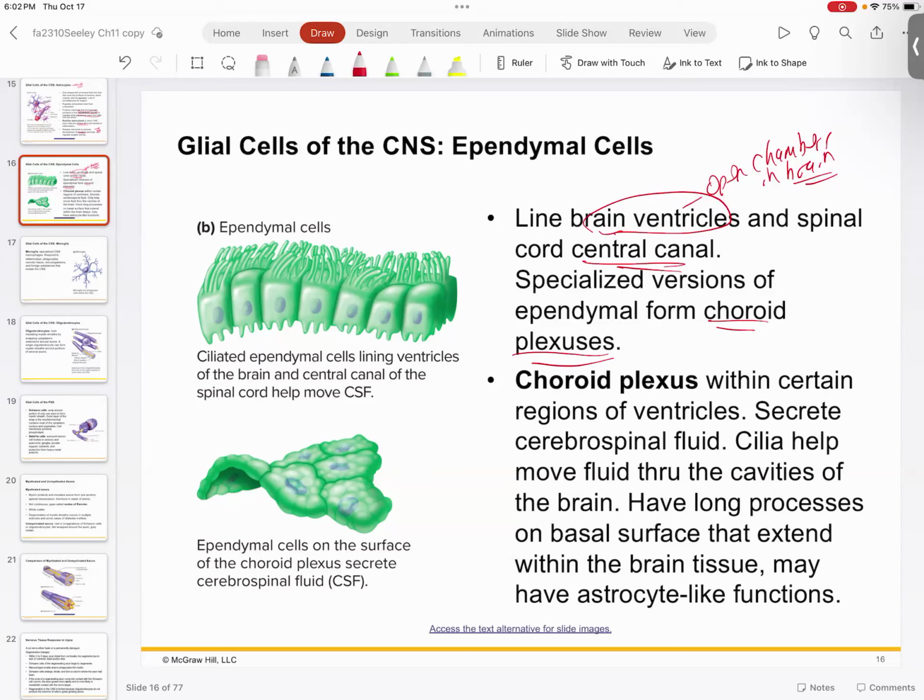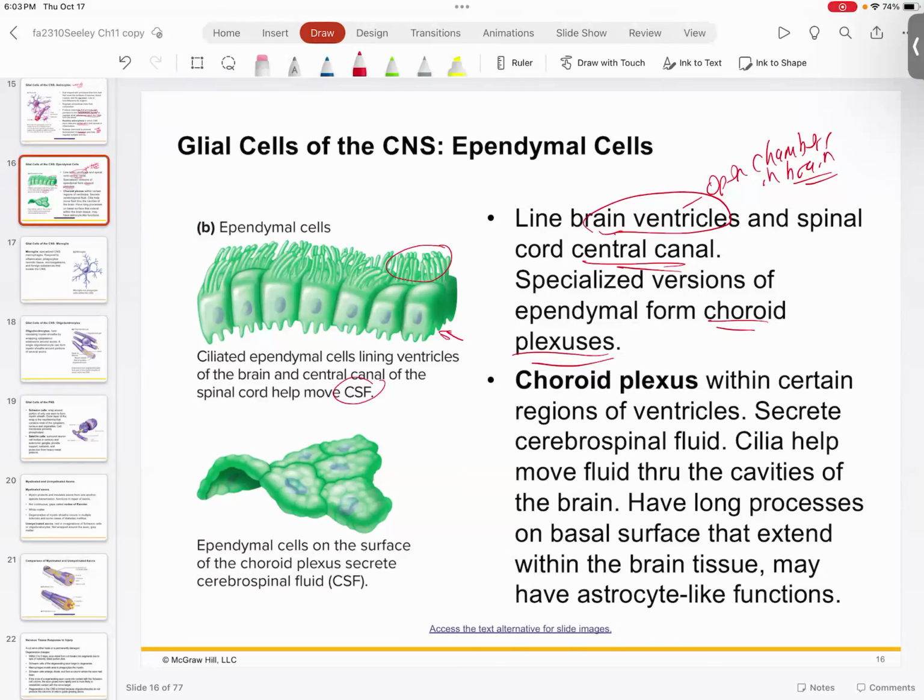Typically they are ciliated in nature. So here's an example of what the ependymal cells look like. Here's a line of the cells lining the ventricles of the brain. And the cilia will move back and forth to help circulate the cerebral spinal fluid.